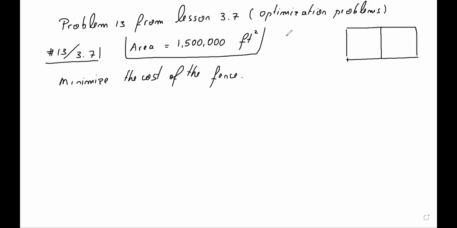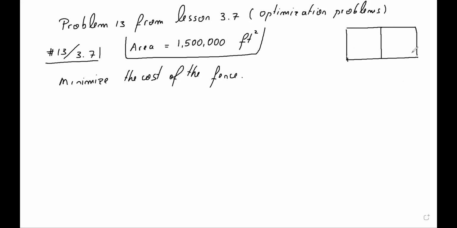In other words, he goes to, I don't know, Menards or Home Depot or wherever he finds fence, and he buys the fence at, say, $5 per linear yard or something like that. So that's kind of the idea here.